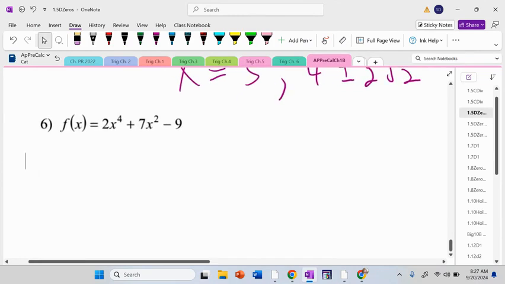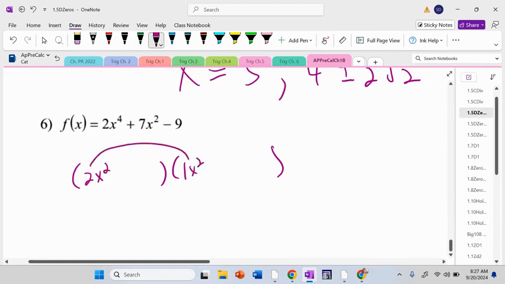Because it could be that this is 2x squared and 1x squared. Because what's 2x squared times 1x squared? Just say this if you don't know what's going on. So it's possible, but then if I put 9 here, that'd be 18, and then 1.